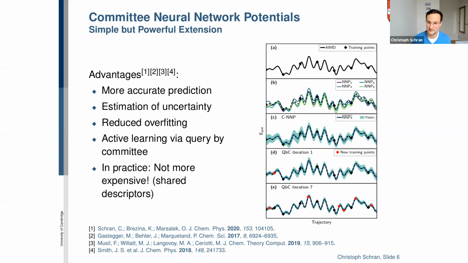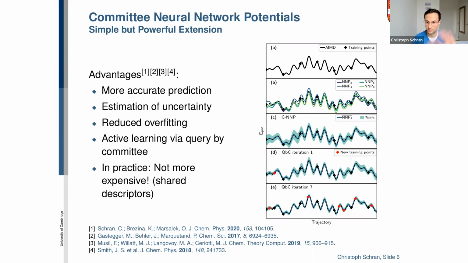However, in practice, you can formulate these committees in such a way that you simply share the first bit of the transformation of the atomic structure based on these descriptors within your committee, and then only the last bit, the actual machine learning regression, is different in all these committee members. That leads to a situation where you are not really paying more, because the descriptors are what is the computational bottleneck.